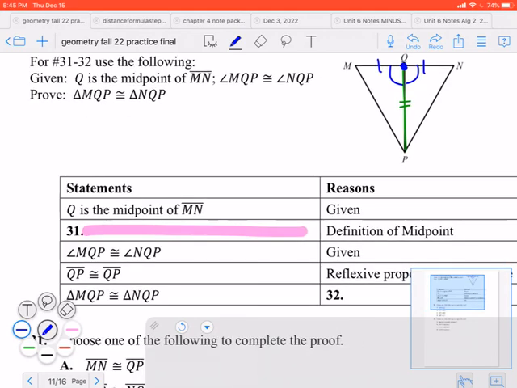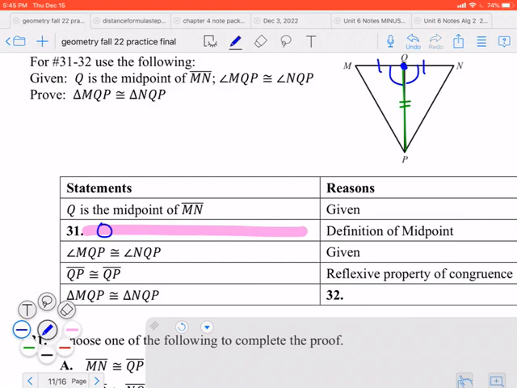So we are going to say just that. Segment QM is congruent to segment QN by the definition of midpoint.